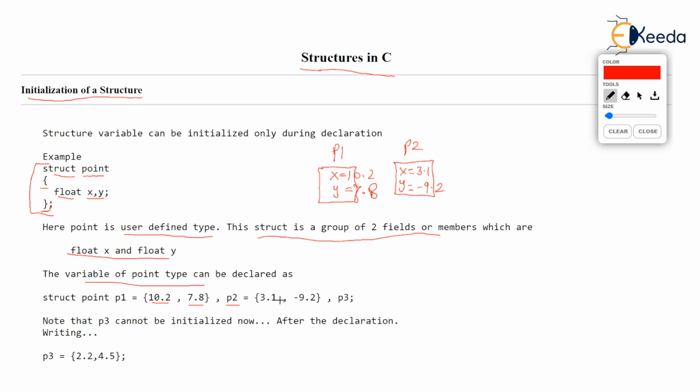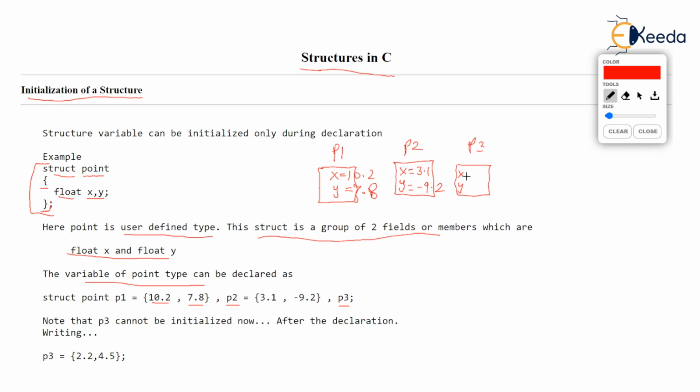Now observe p3 is another variable of struct point type. So p3 is there in the memory as a block, and p3 also contains x and y, but we have not initialized p3. So p3's x and y, these two members, will be there in the memory under p3, but these members will store garbage values.